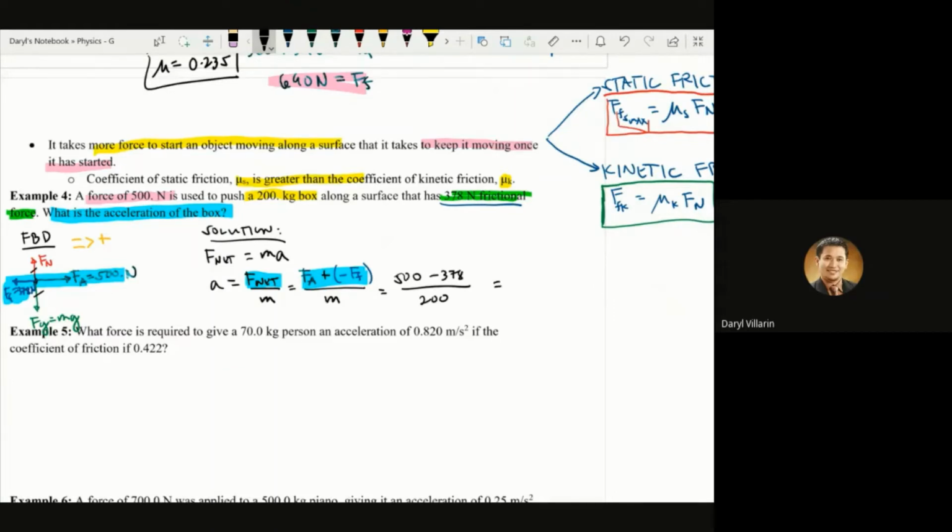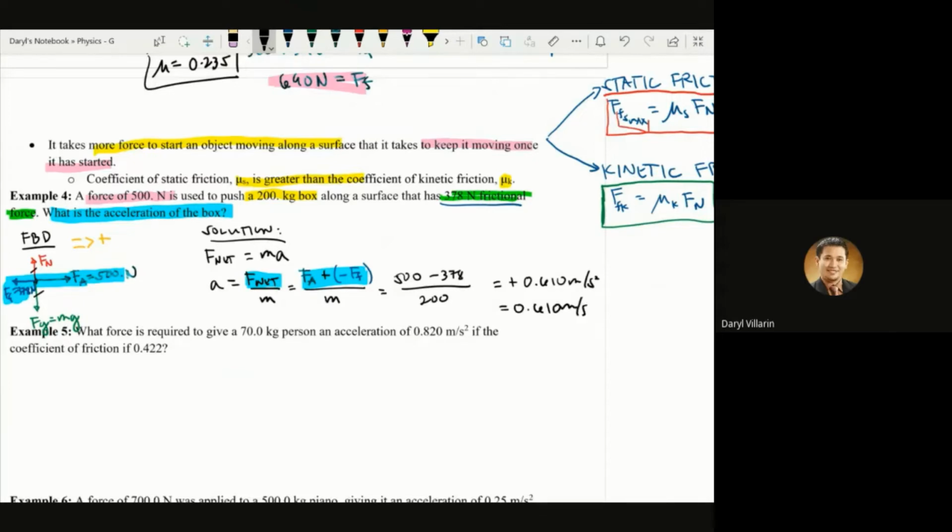So this gives me the magnitude, but if you can see, this is a positive value, positive 0.610 meters per second squared. Again, I'm going to write this one, changing the positive symbol.